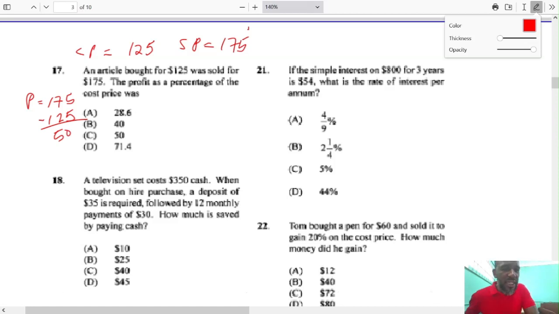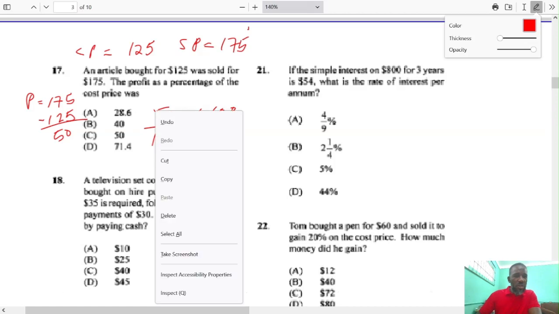But the question is asking for the profit as a percentage of the cost price. So we're going to put 50 over 125 times 100.